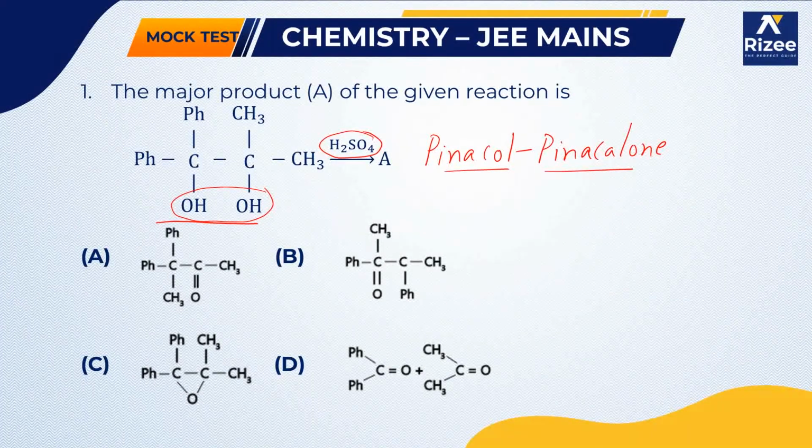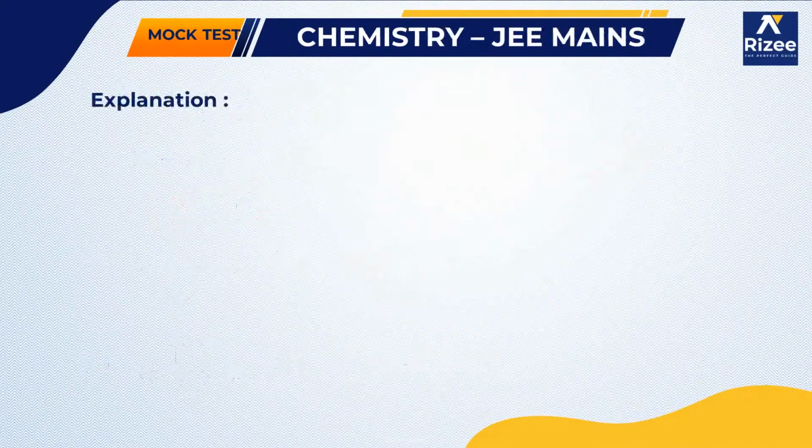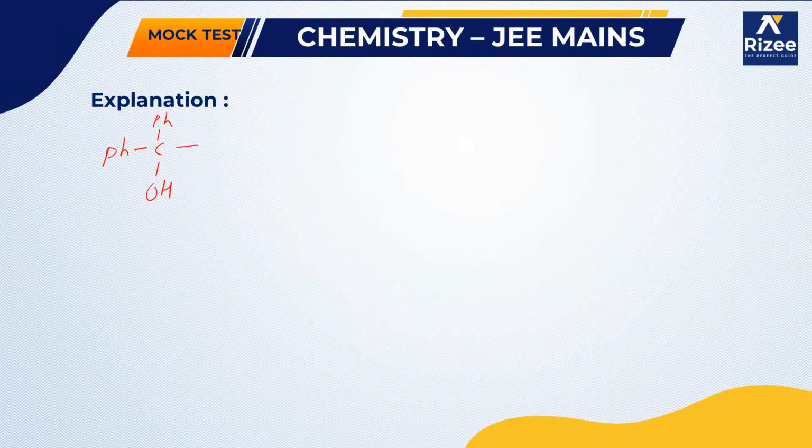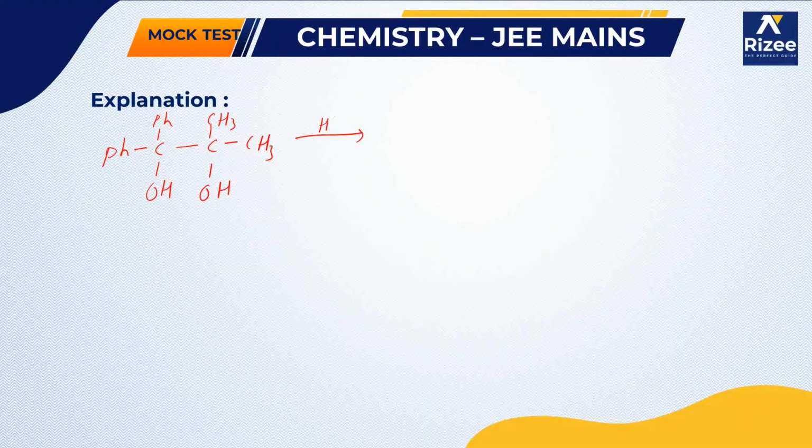So, what happens to this reactant in the presence of H2SO4? Let us see the mechanism of this reaction. CH3, CH, and here OH. In the presence of acid, we are reacting with H2SO4, so we will give H plus ion.